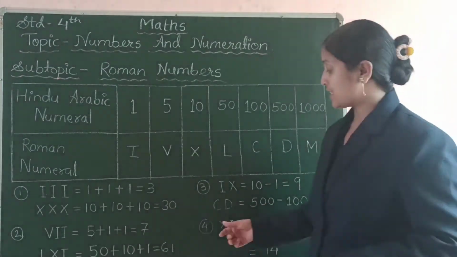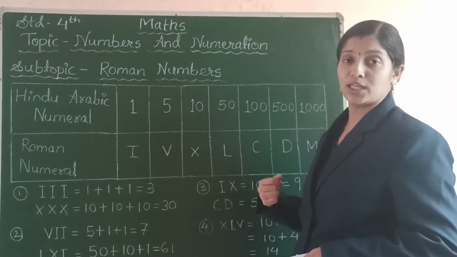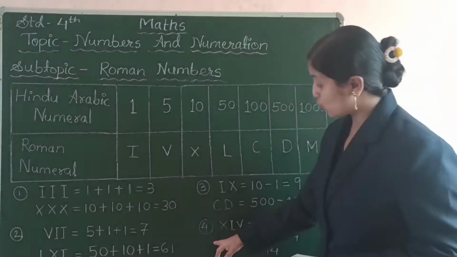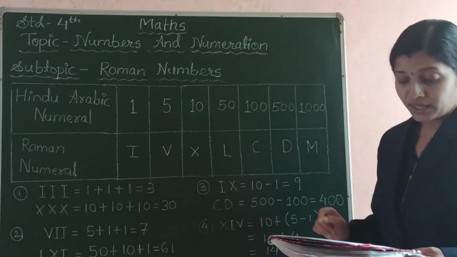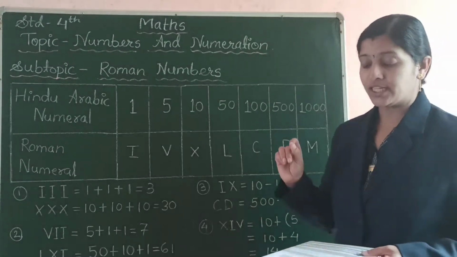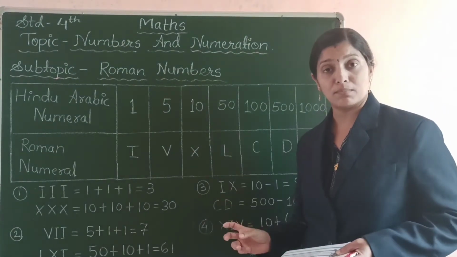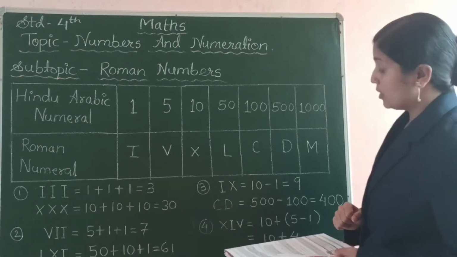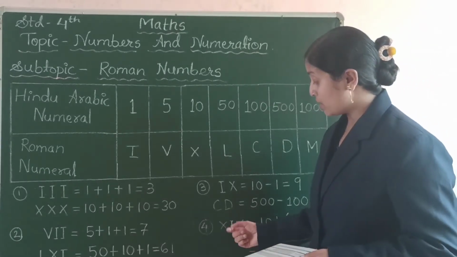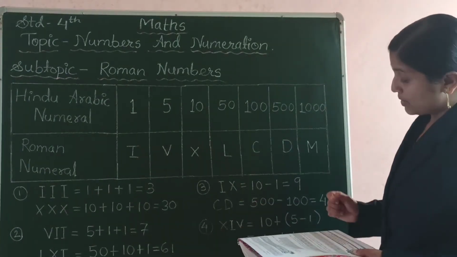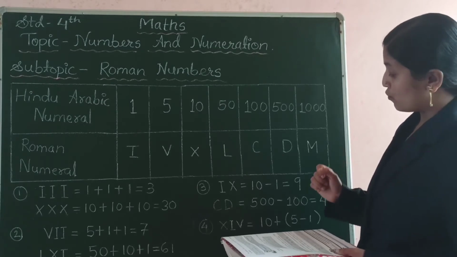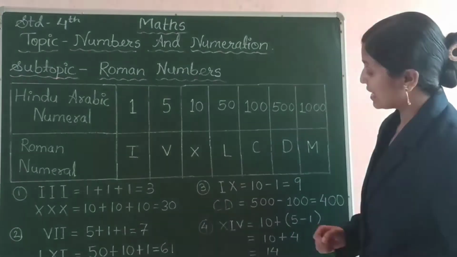Okay, now we will see the fourth rule to form the Roman numbers. The fourth rule says that when a Roman number of smaller value is placed between two Roman numbers of greater value, then the Roman number of smaller value can be subtracted from the value of the symbol to its right.